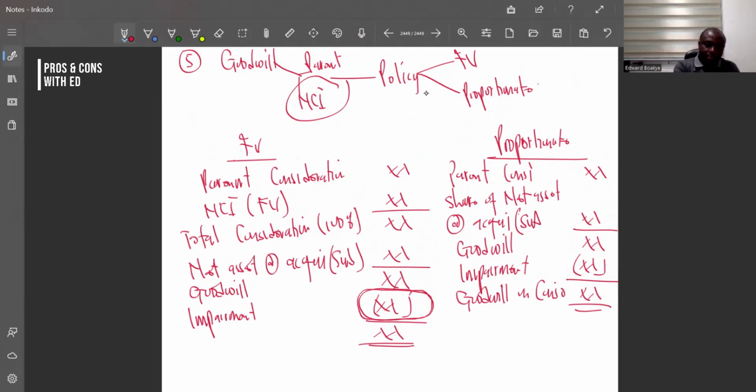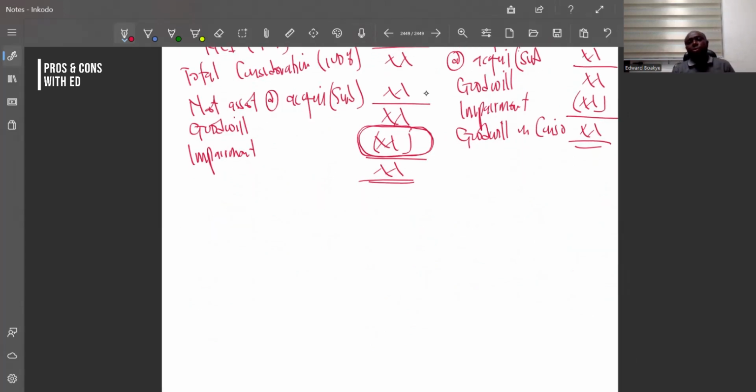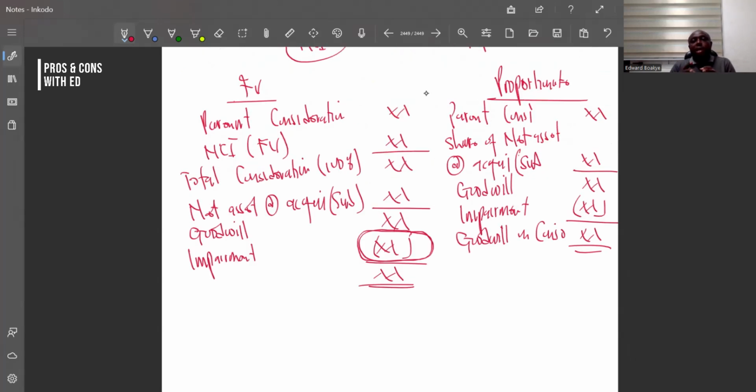All right. One thing we should also know about goodwill is that we have a negative goodwill and a positive goodwill. A positive goodwill is termed to be an intangible asset, where the payment or the consideration is higher than the asset that you acquired.